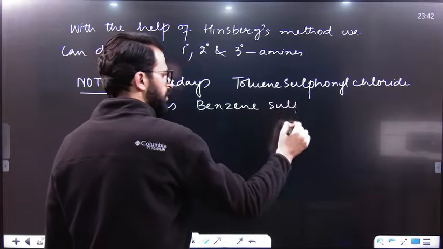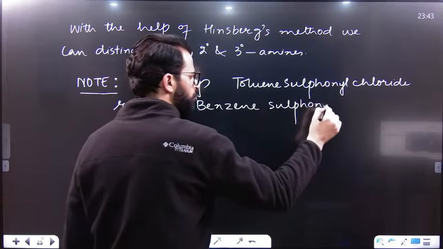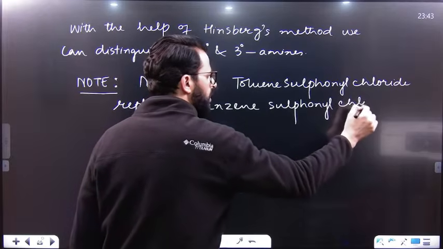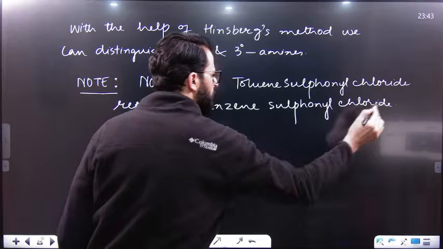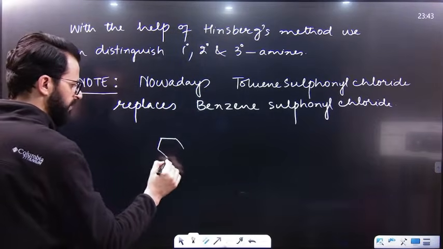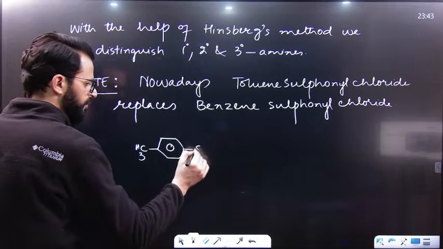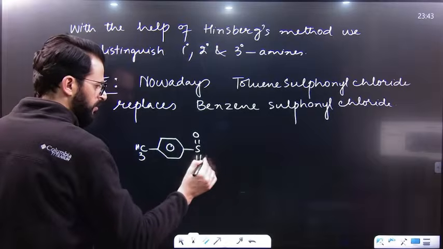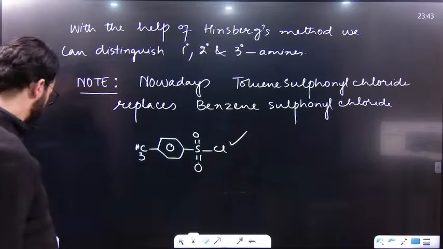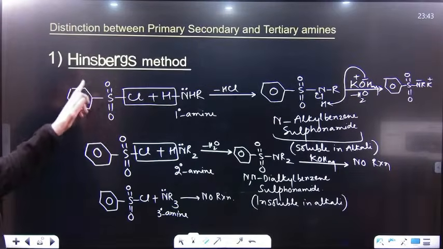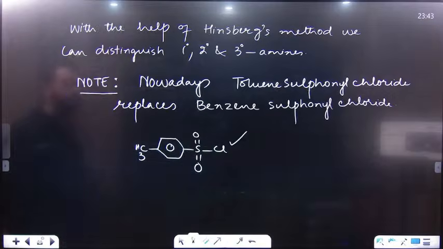That means nowadays we generally use toluene sulfonyl chloride instead of benzene sulfonyl chloride. That means we use this one. Nowadays we use this one instead of benzene sulfonyl chloride. I hope this is clear.